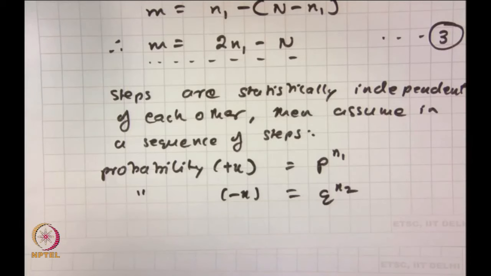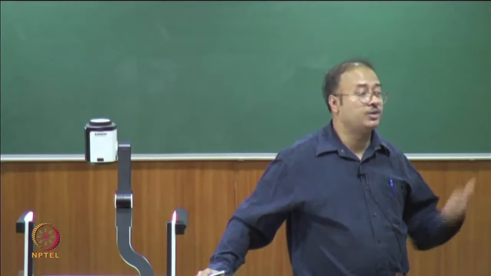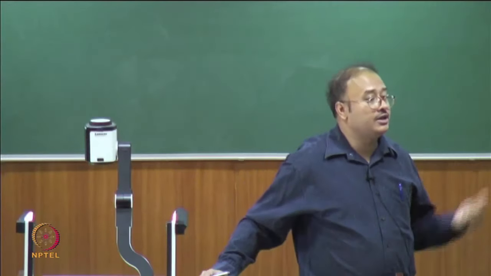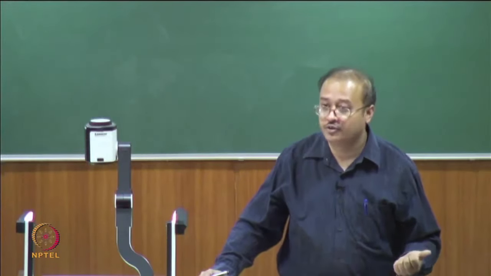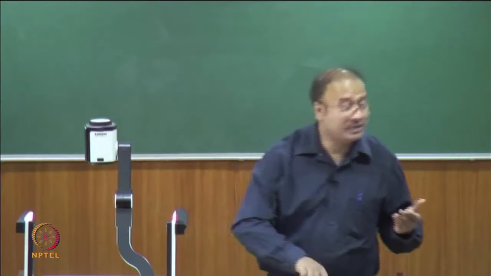Okay, good. So, in terms of the probability distribution, I already have the two main components: one is p to the power n1 and the other is q to the power n2. There is a relation between n1 and n2, and a relation between p and q, where q is equal to 1 minus p. But this is not all.